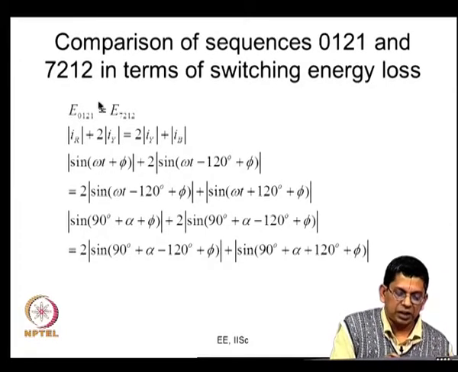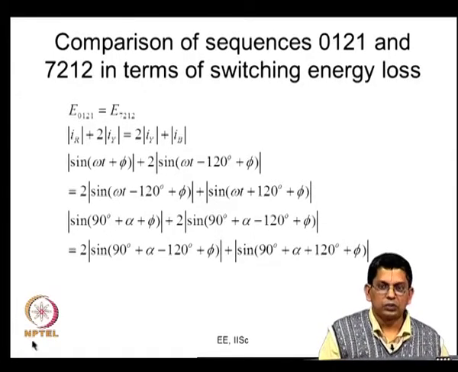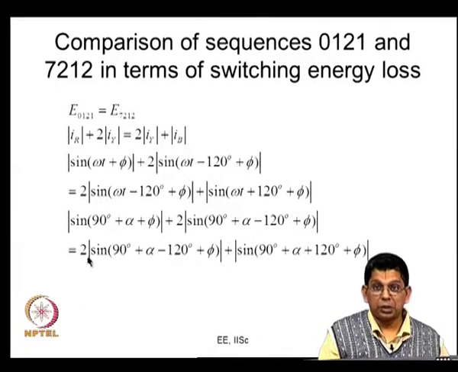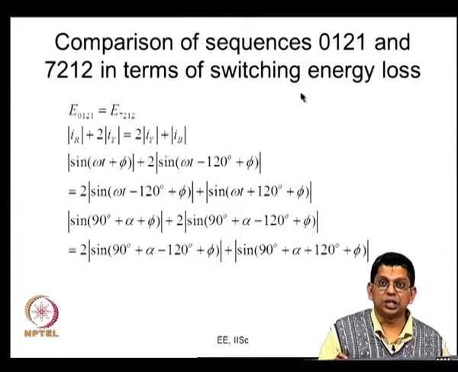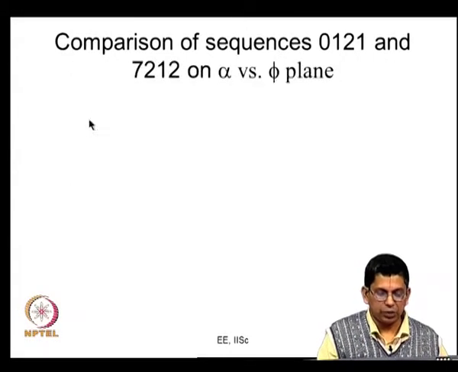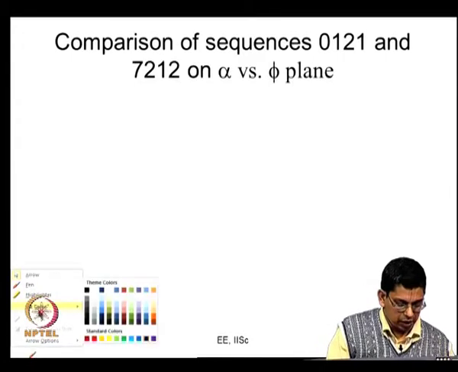You can easily find the condition E 0 1 2 1 greater than E 7 2 1 2 and E 0 1 2 1 less than E 7 2 1 2. So, that would be a way to combine 0 1 2 1 and 7 2 1 2 to come up with a PWM method which has a lower switching loss than 0 1 2 1 individually and 7 2 1 2 individually.